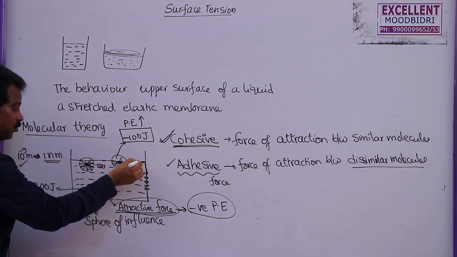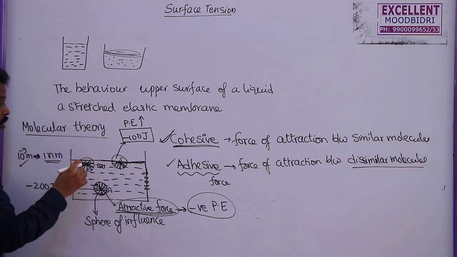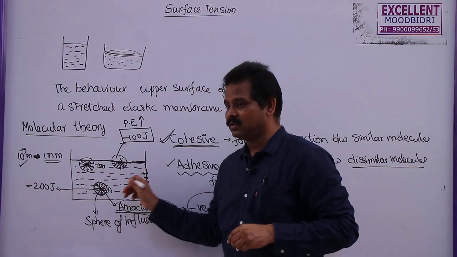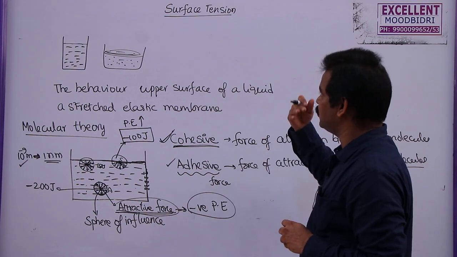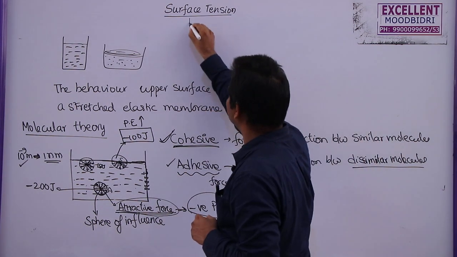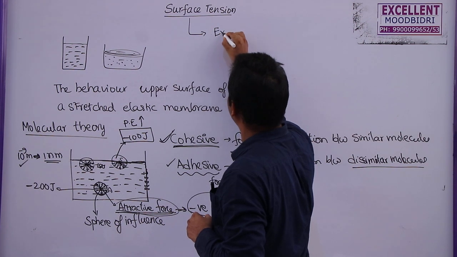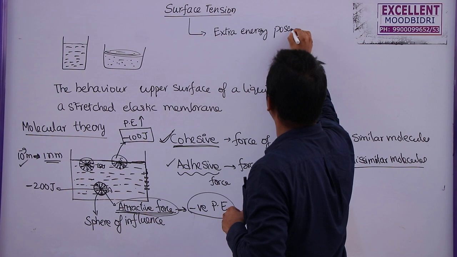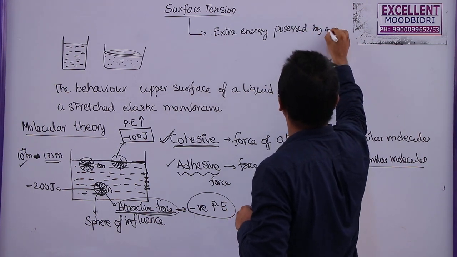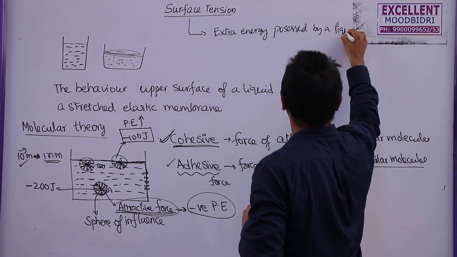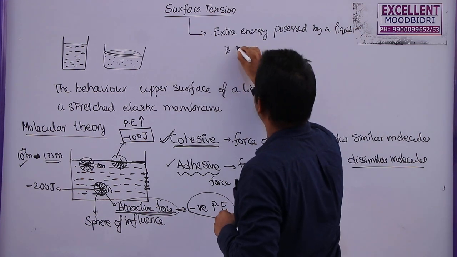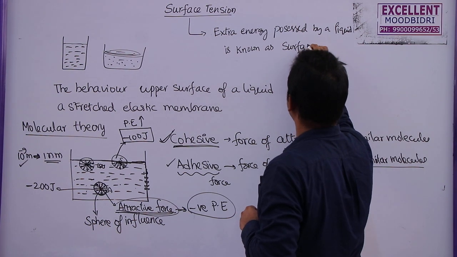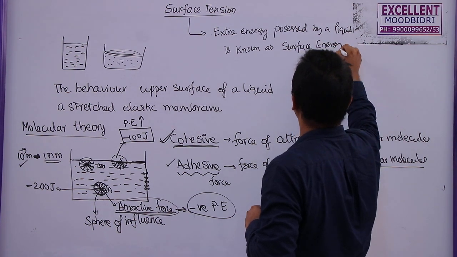So all the molecules which are present on the top surface have more energy than the molecules inside the liquid. That extra energy possessed by a liquid is known as surface energy.